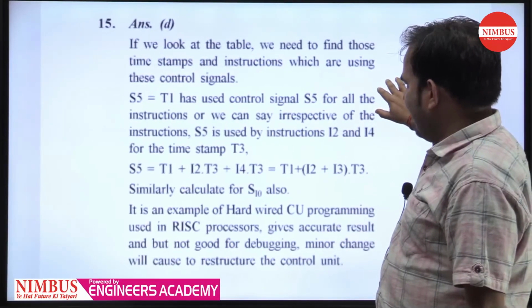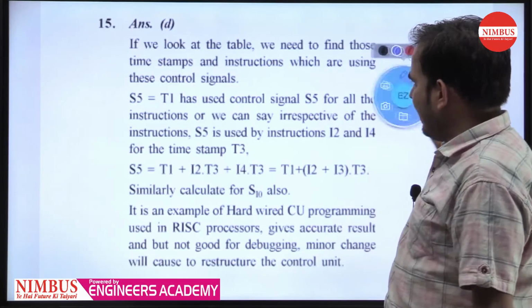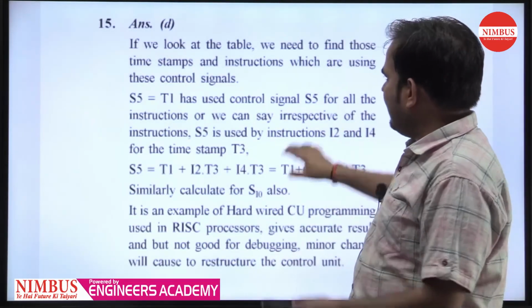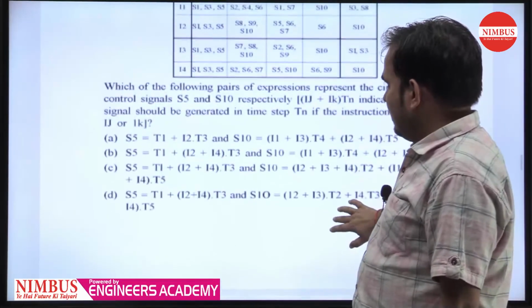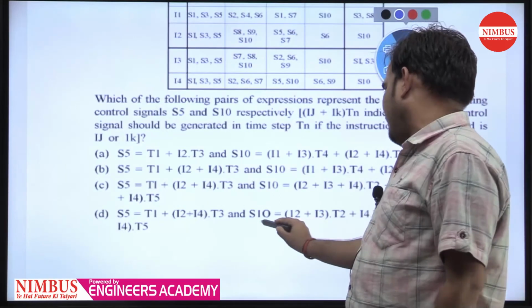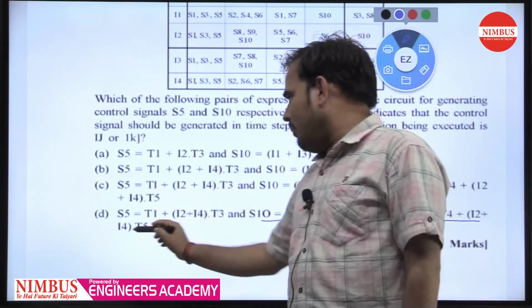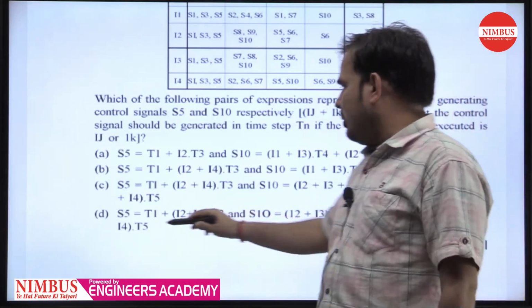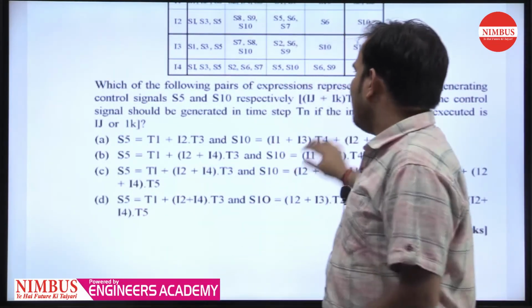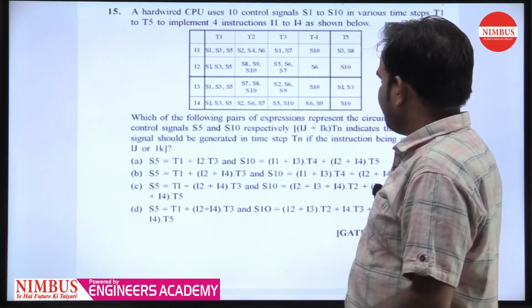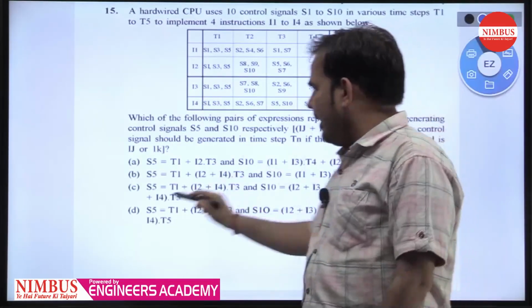So option D is correct. As soon as we solve this for S10 in the similar way, we will get the control signal for S10. As we gave you all the terms from here, when you solve it you will get option D. Option D is correct here.